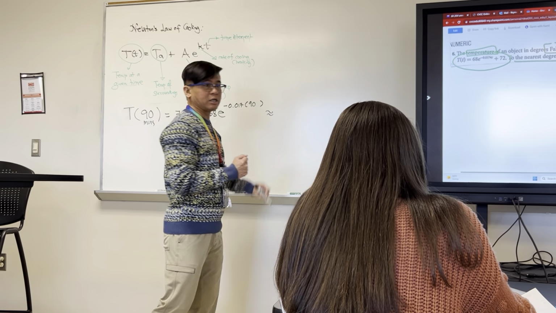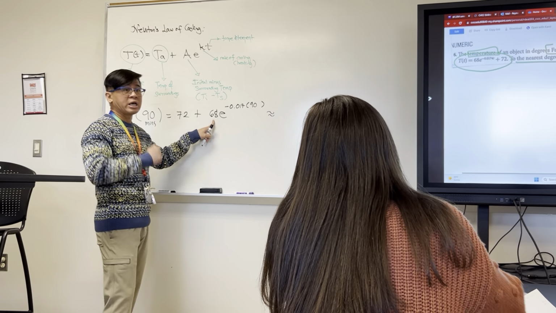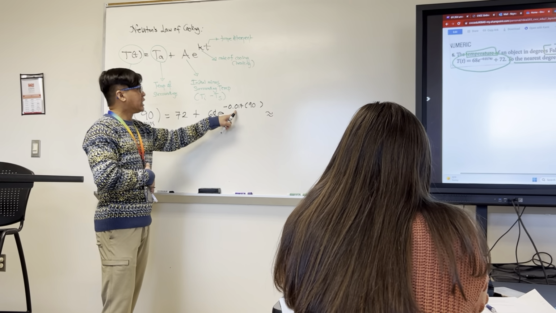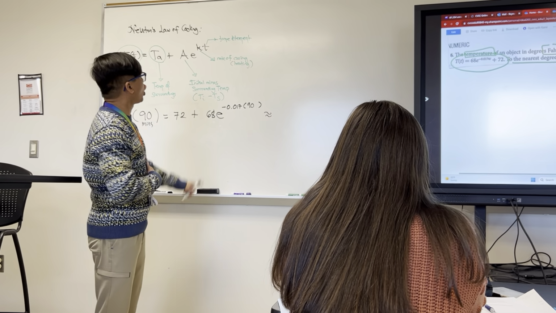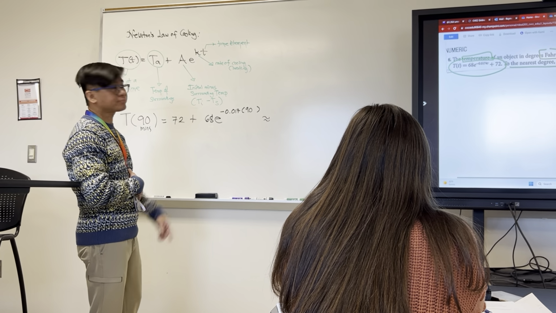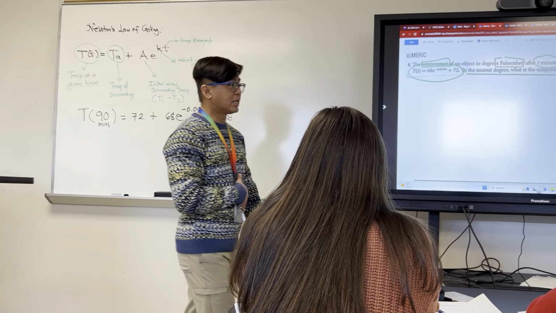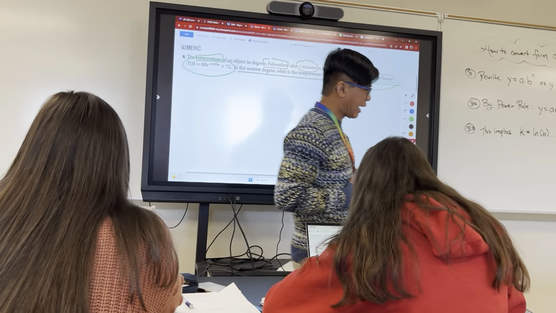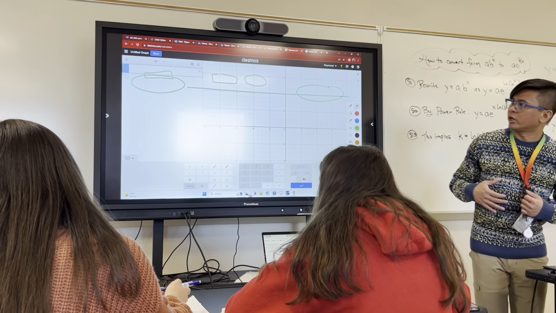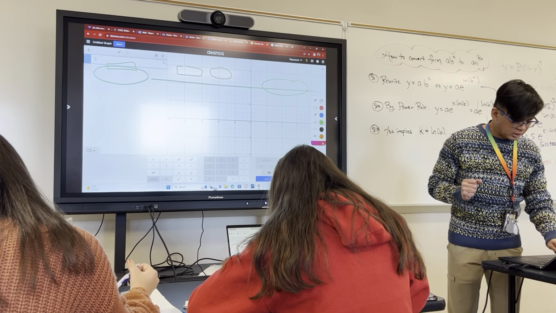The 68 is the difference between the initial and the surrounding temperature, k is the constant or rate of cooling or heating, and 90 is the time. So let's use our calculators. This is basically just calculator work, putting everything in there.